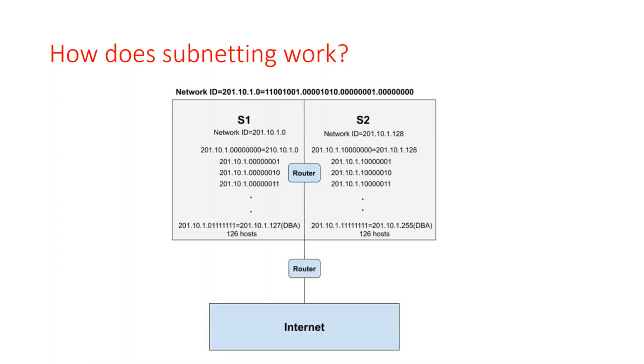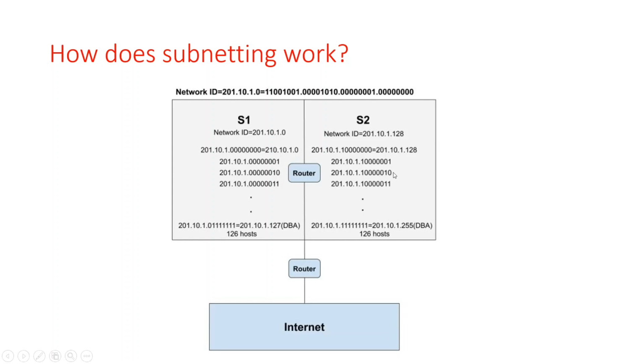So in the first subnet network, that is S1, we have a total of 126 hosts only, because the first and the last IP addresses are reserved for the network ID and the direct broadcast address respectively.